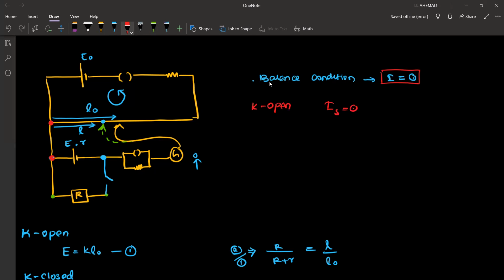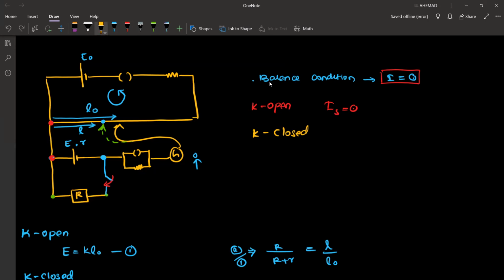Now, when you close this circuit, whether you have a current flow, when there's a balance condition, so now the switch is closed.